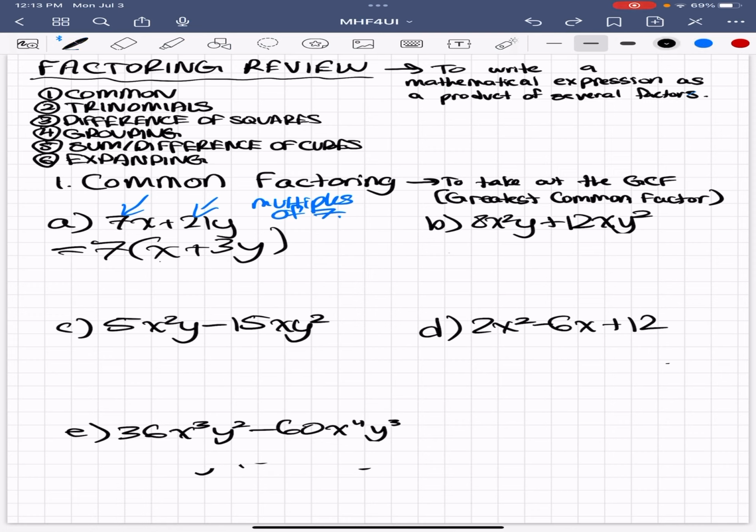Eight x to the power of 2 y plus 12 x y to the power of 2. 4. And I take out a common factor of 4xy.